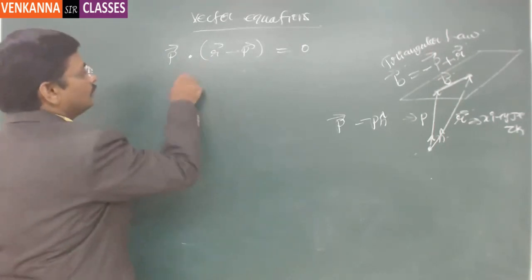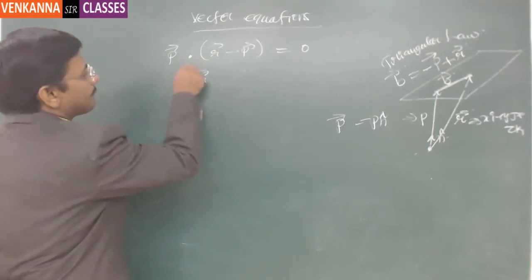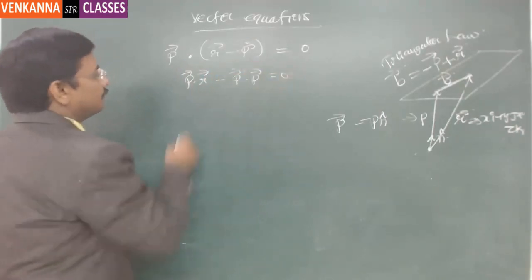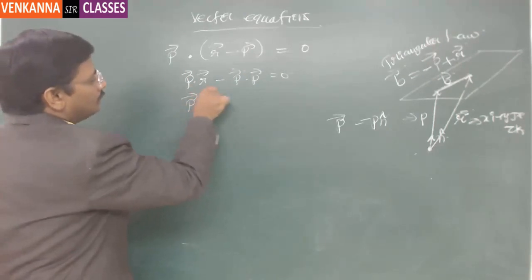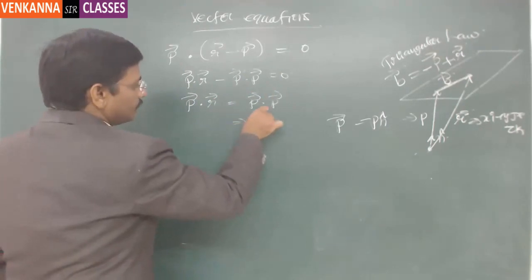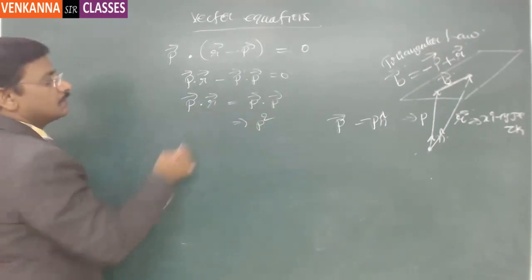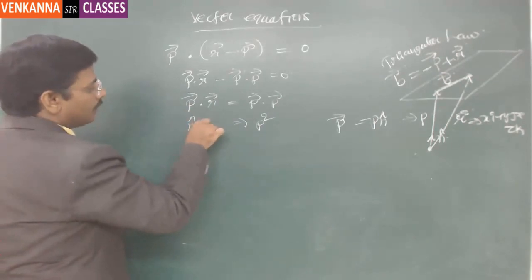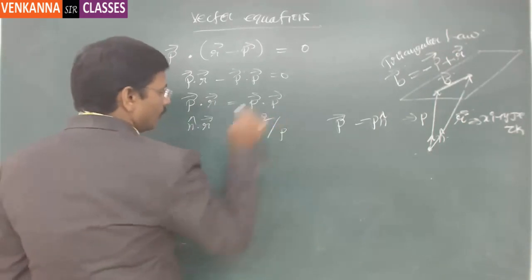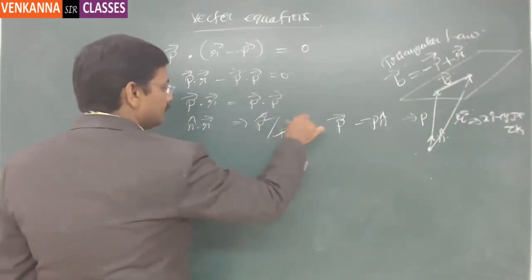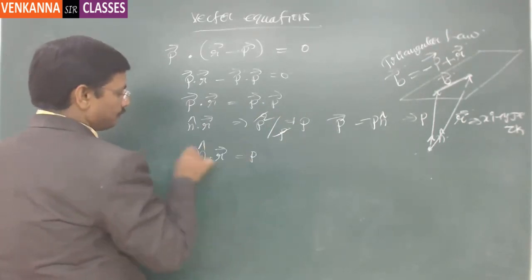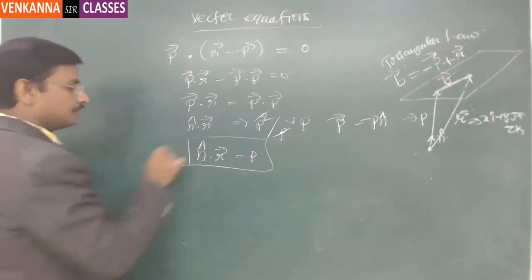Now P dot R minus P bar dot P bar equals 0, or P bar dot R is equal to P bar dot P bar. So this is the magnitude P square, and P dot R is P n cap dot R. So this value is equal to 1 by P, so P will cancel. So n cap dot R is equal to P, which is the magnitude.